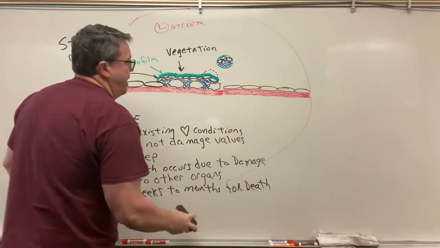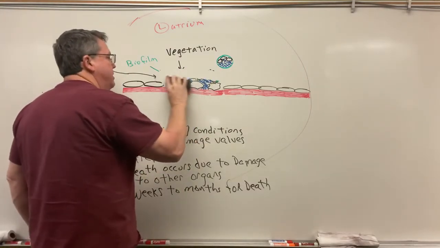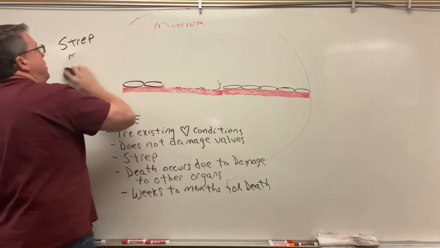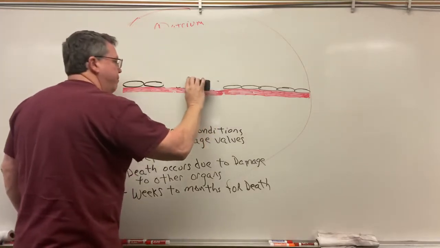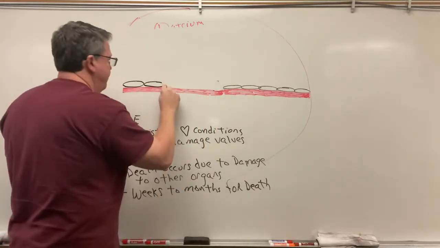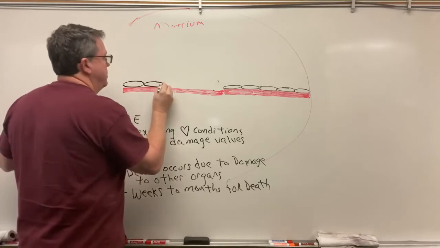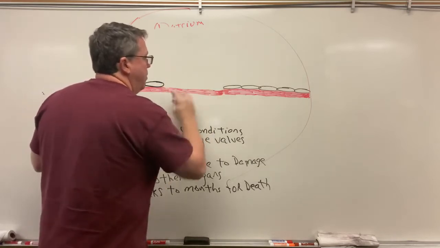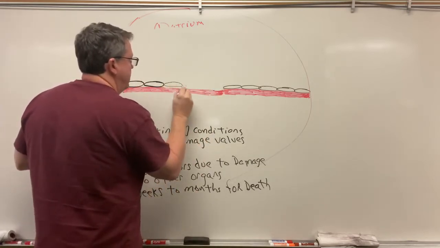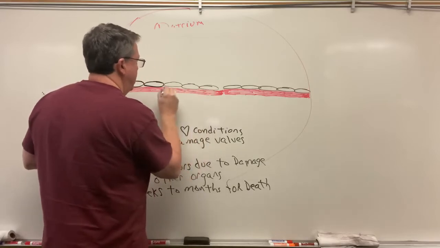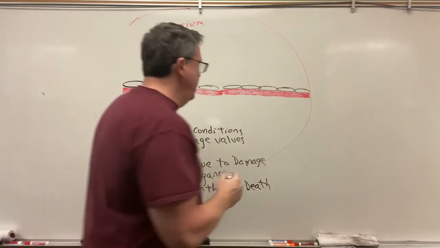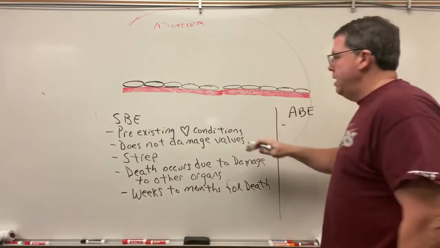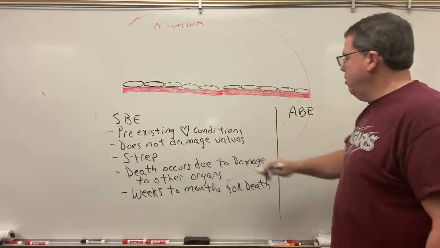Now let's look at acute bacterial endocarditis. So what I'm going to do now is I'm going to erase all this. And now there's some differences. All right, so now, in acute bacterial endocarditis, what's going to happen is this one has pre-existing heart conditions.